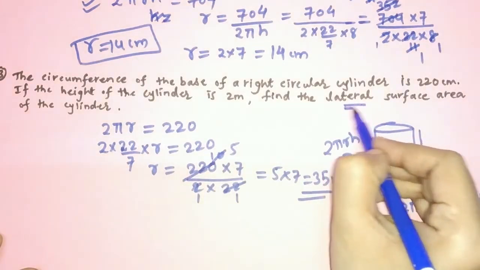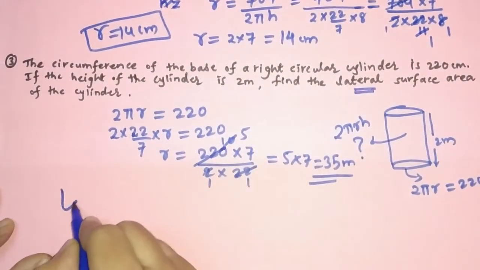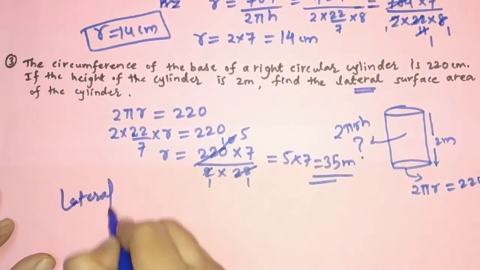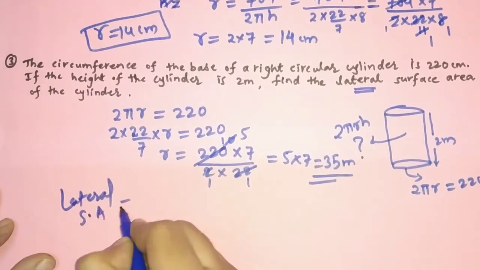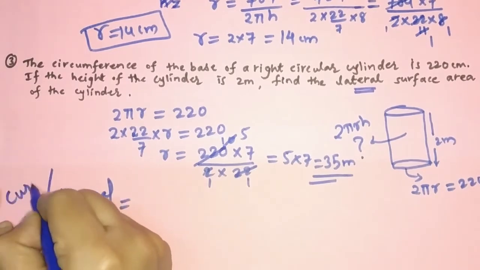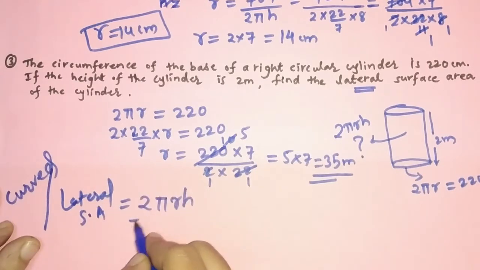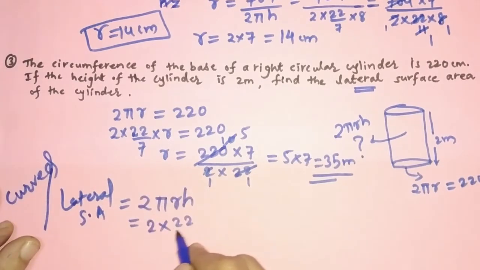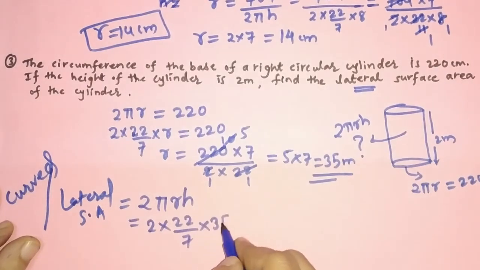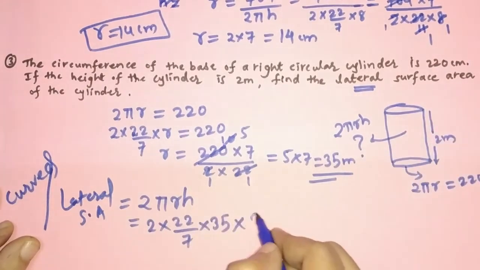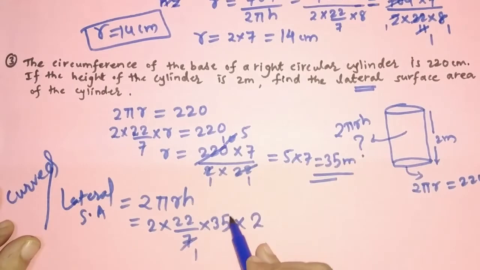Now find out the lateral surface area. Lateral surface area, also called the curved surface area, is equal to 2 pi rh. So pi's value is 22 upon 7, radius is 35, height is 2. So 7 ones are 7, 7 5s are 35.